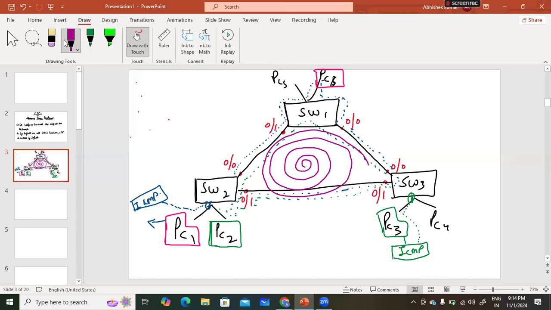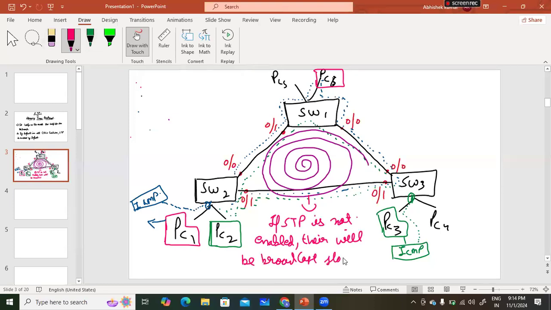It means there will be a broadcast in the network. If STP is not enabled, there will be a broadcast storm.